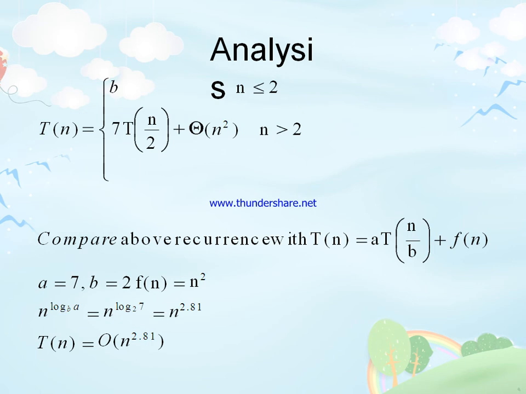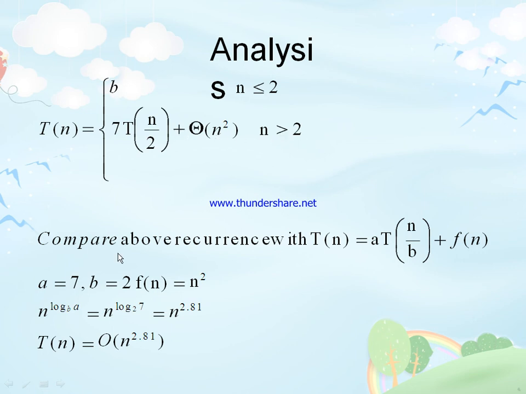When we are coming to the analysis of time complexity, mainly we are selecting this method for minimizing the time complexity in evaluation. So T of n equal to a constant, that is 3, if n is less than or equal to 2. If n is greater than 2, then instead of 8 multiplications, we are having only 7T(n by 2) plus theta n square.